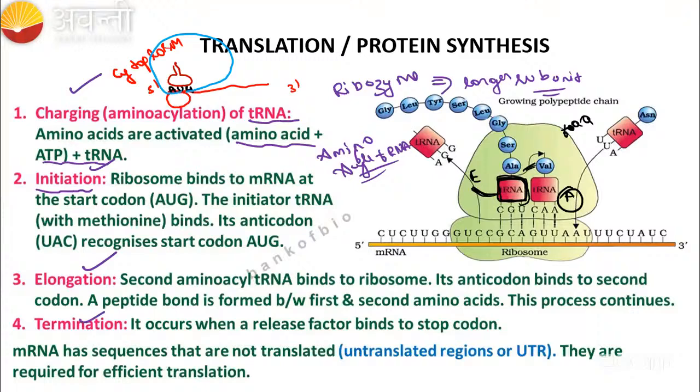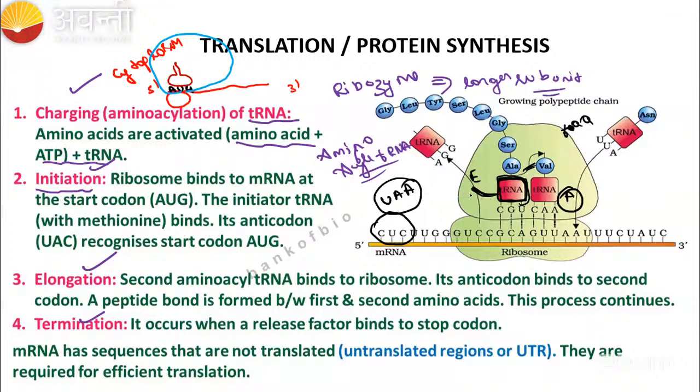This goes on elongating, and this elongation is going to be stopped at a particular site, for example where it has the stop codon. Which is the stop codon, guys? UAA. UAA is the stop codon. The stop codon is not identified by the ribosome.